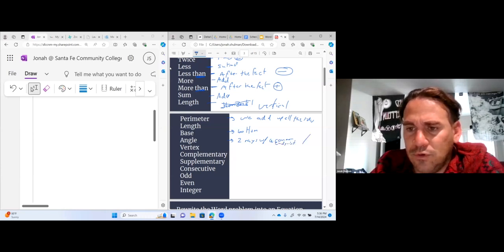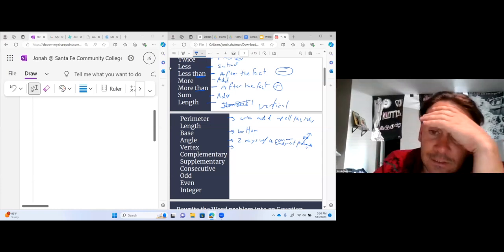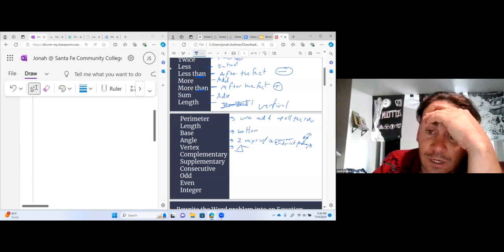Which is, there's my ray. My ray is AB. And here's my other ray, AC. You put them together, you have an angle. The vertex is the top angle of a triangle, so that's the vertex.